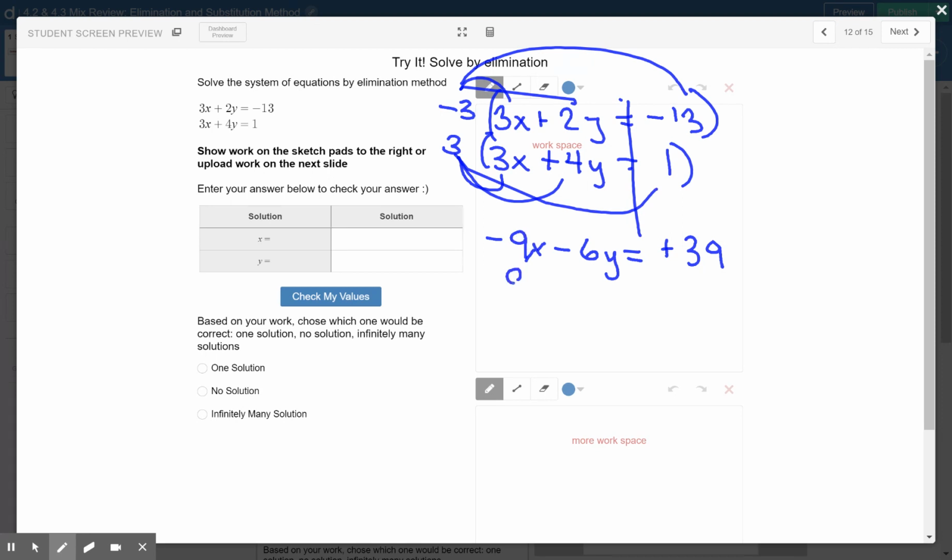So now we're going to have a positive 9x plus 12y equals 3. Now the whole point of doing that, if you do it our flow map way, the x's cross out. So then we're left with 6y because you're adding the two together.